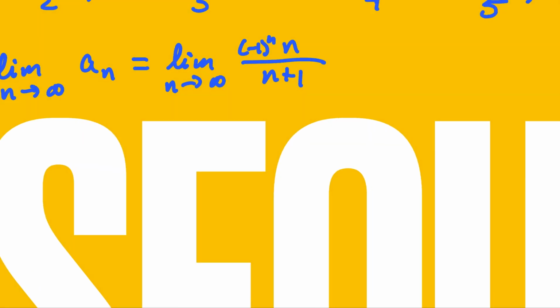Let's do limit as n goes to infinity of a_n, and then we can plug in our definition of a_n, -1 to the n times n over n plus 1.